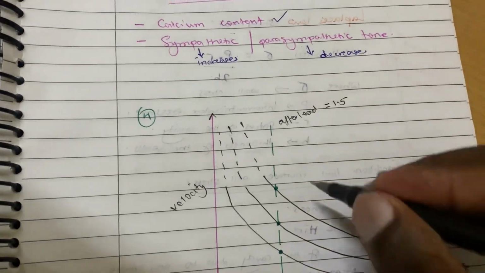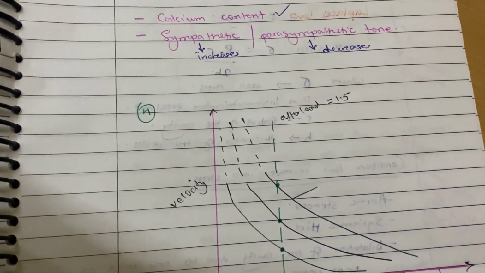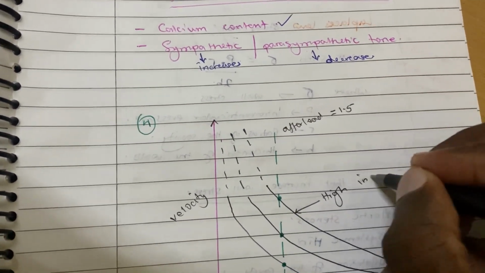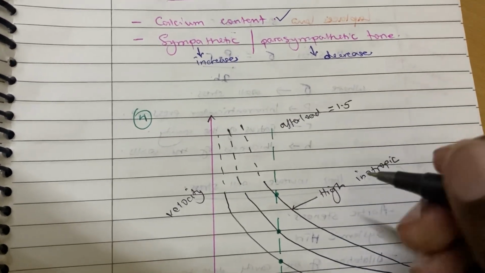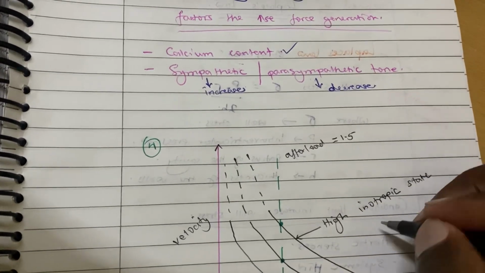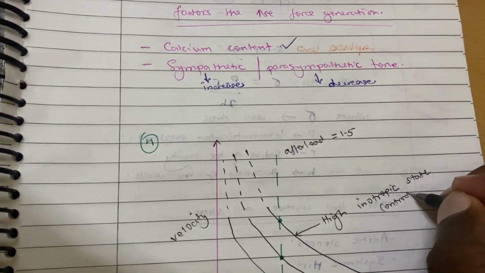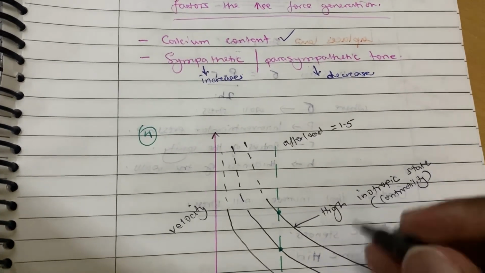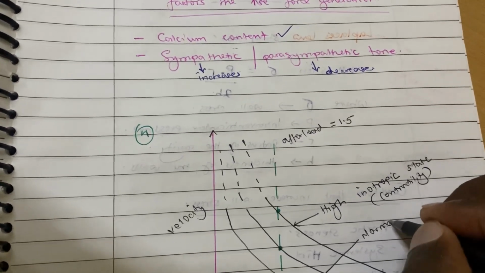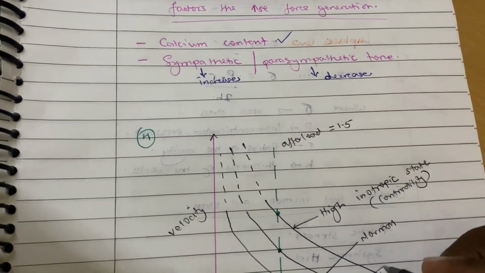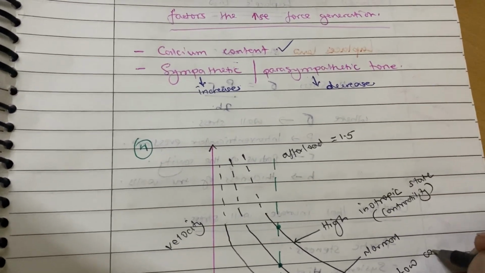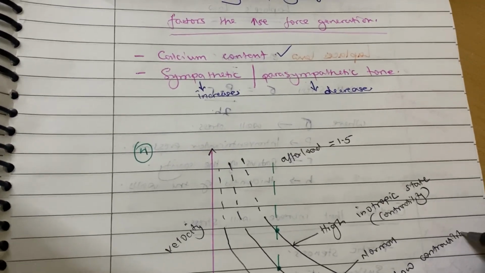Force generated. We have high inotropic state, or high contractility, and then we have normal contractility, and then low contractility.